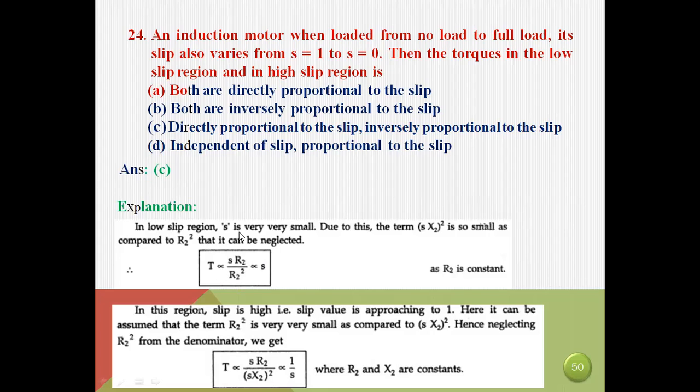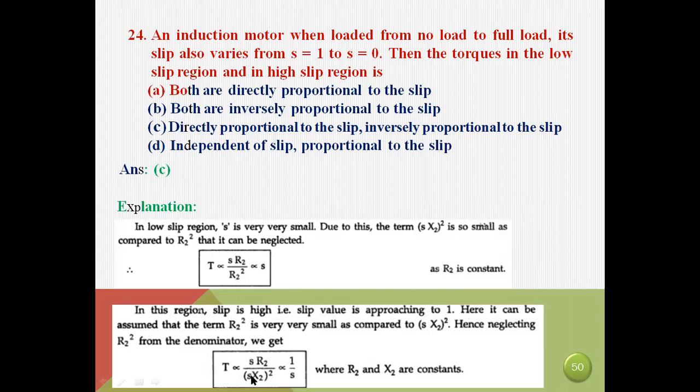So in the low slip region, S is very small, and due to this we can neglect S into X2 square, which comes here. So we are taking that as small and neglecting it. You will get torque proportional to S. And if we talk about the high slip region, torque will depend on S R2 upon S X2 square. Here we are taking R2 square as very small as compared to S X2 square, so we can neglect R2 square.